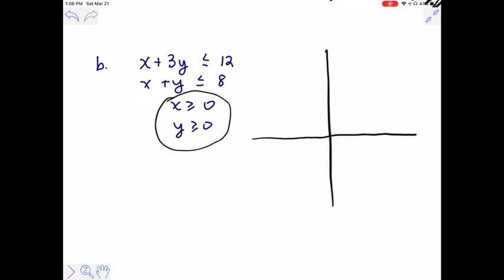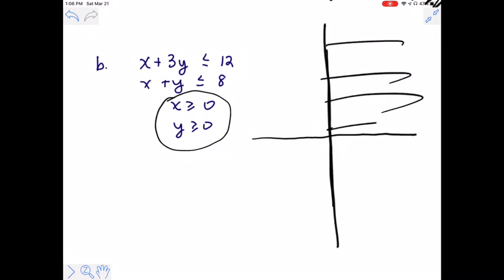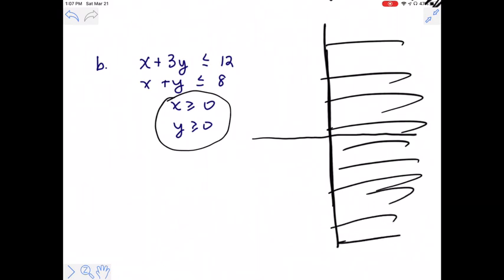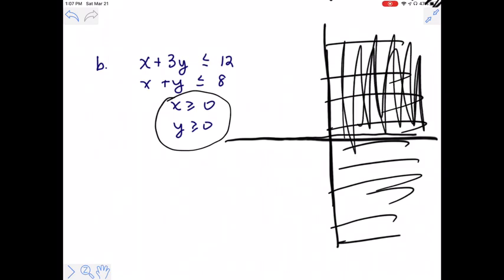X is greater than 0 and Y is greater than 0. If we wanted to look at that literally, X greater than 0, if I put a line right here at X equals 0, greater than 0 means anything over in this region. And then if I put a line for Y equals 0, this is the line representing Y equals 0. And then greater than 0 would be anything above that line.